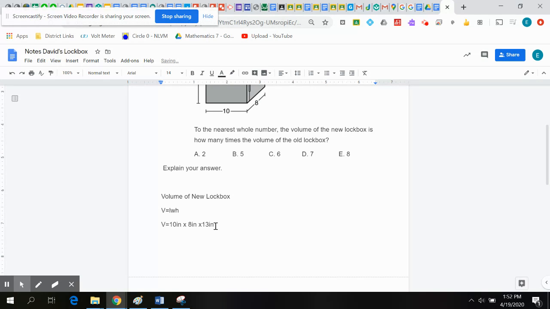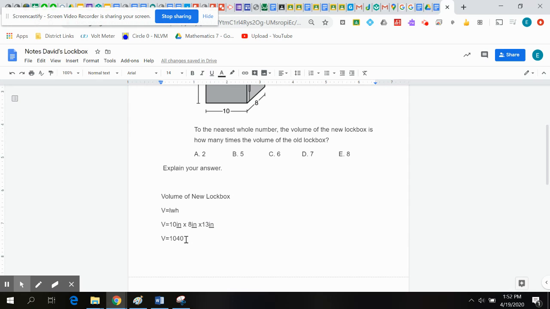So now when you multiply 10 inches times 8 inches times 13 inches, you get a volume of 1,040 cubic inches, because inches, let me just show you here. I'm going to underline it. Inches times inches times inches are cubic inches.